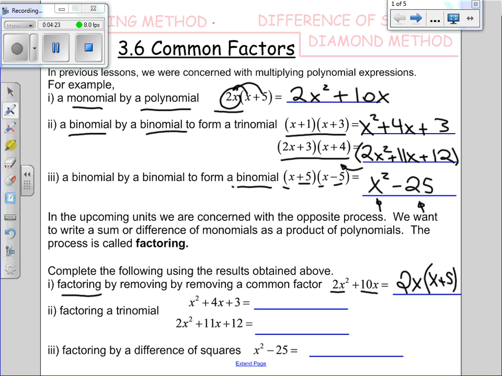So what we did is we looked at our terms. Our first term was 2x squared, and our second term was 10x. Then you're going to look at the coefficients.